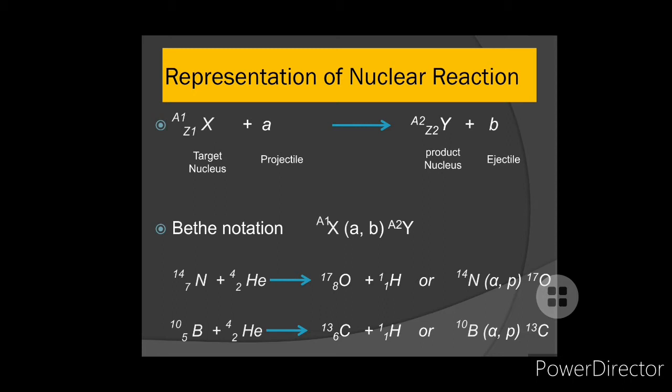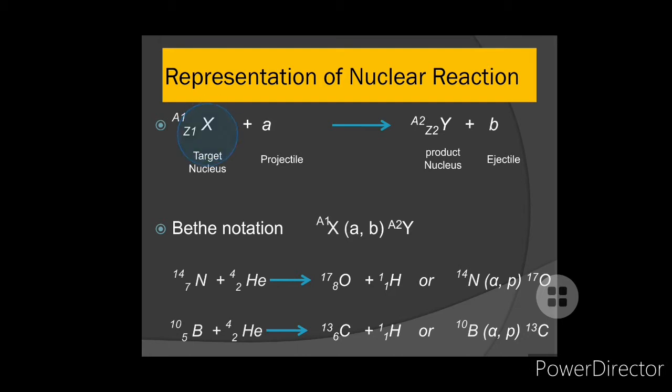Now, the representation of nuclear reactions. Just like chemical reactions, nuclear reactions are also represented by an equation. In the nuclear reaction, on the left hand side of the arrow the reactants are present, and on the right hand side of the arrow the products are present.